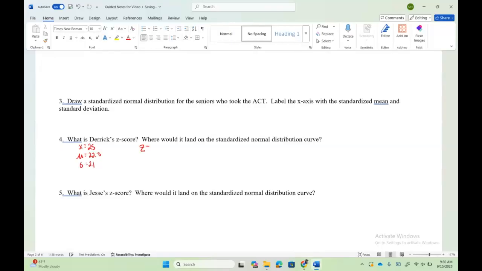So for Derek, we're going to do z equals 25 minus the mean, and we're going to divide by the standard deviation, and round to 2 decimal places. So when I subtract these numbers and divide by 2.1, I get 1.29.